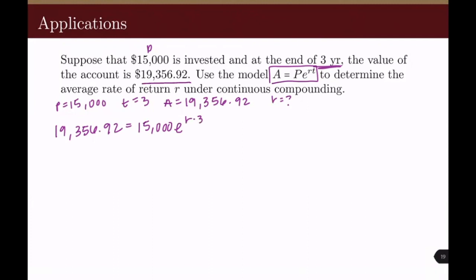Because it's rt, but generally we'll write it as 3r just to make our lives easier. So I need to solve for r. The first thing I'm going to do is divide by 15,000.